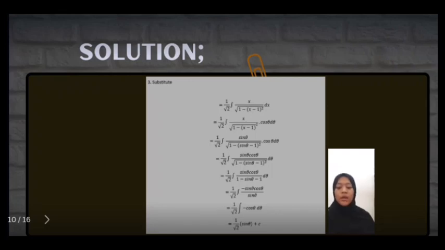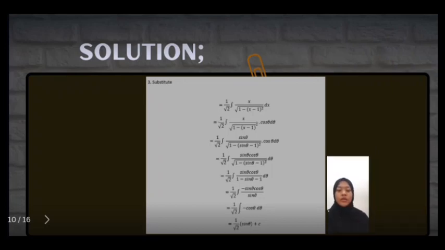Next, we can cancel out the 1, and then we can cancel out the sine on the numerator and on the denominator, which will leave us with 1 over square root of 2 integrate negative cos theta d theta.